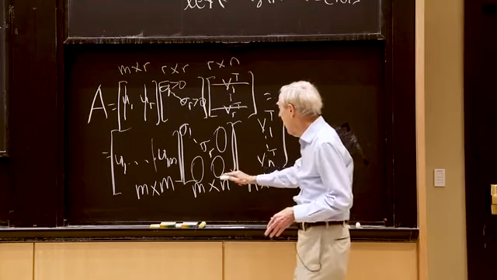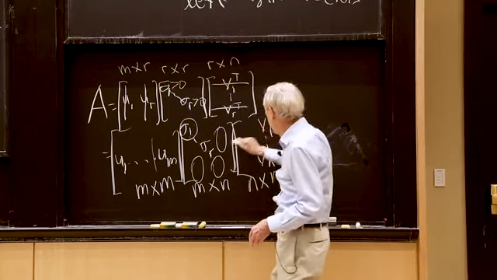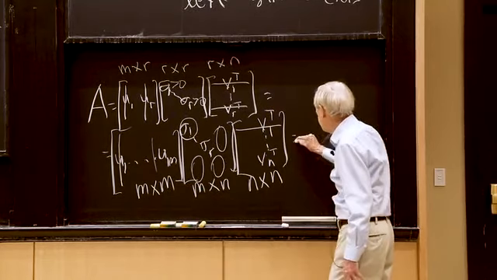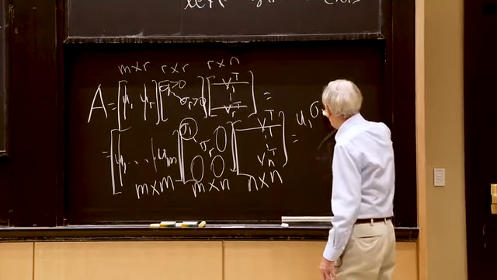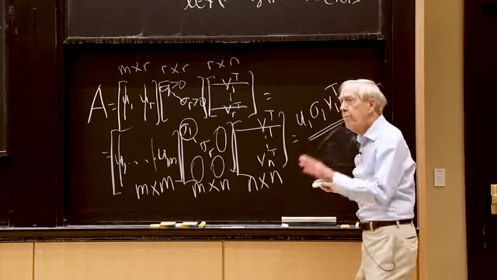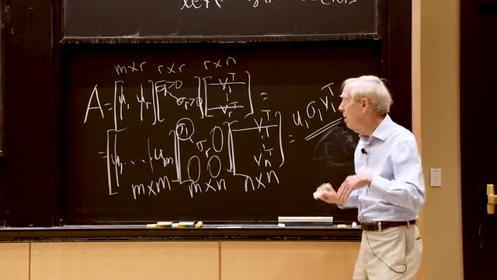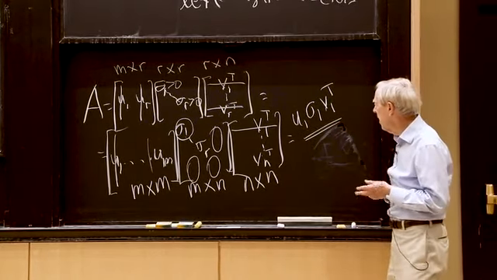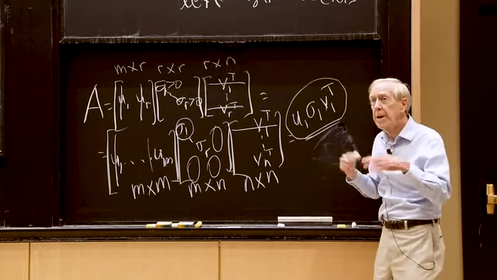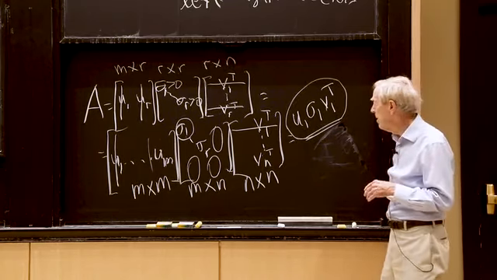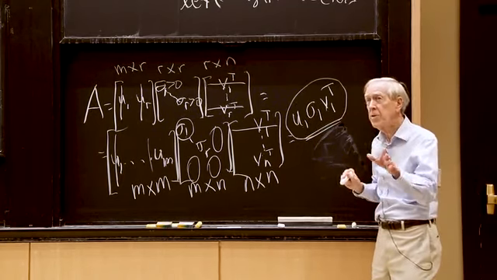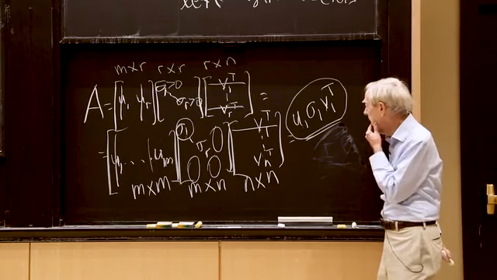So the part I pick out is this biggest number times its column times its row. So it's U1 sigma 1 V1 transpose, the top principal part of the matrix A. It's the leading part of the matrix A. It's the biggest rank 1 part of the matrix. So computing those three guys is the first step to understanding the data.